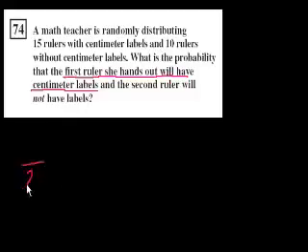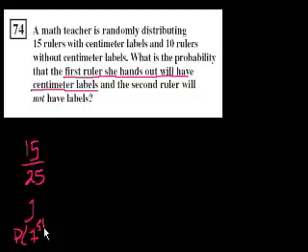So 15 have centimeters, and the probability is 15 over 25. That's the probability of the first one having centimeter labels.